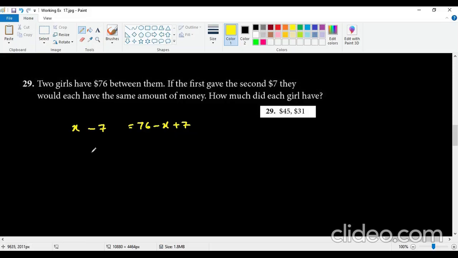Now, in here, what we have is x minus 7, and this is going to be 83 minus x. So, keeping the like terms together, this is going to give us x plus x, and 83 plus 7. So this is going to give us 2x equals 83 plus 7, which is 90.